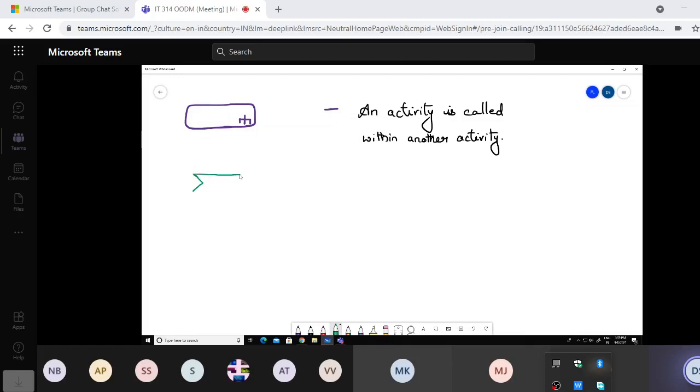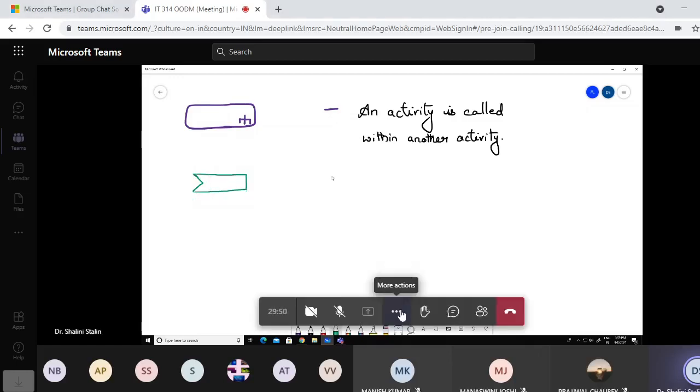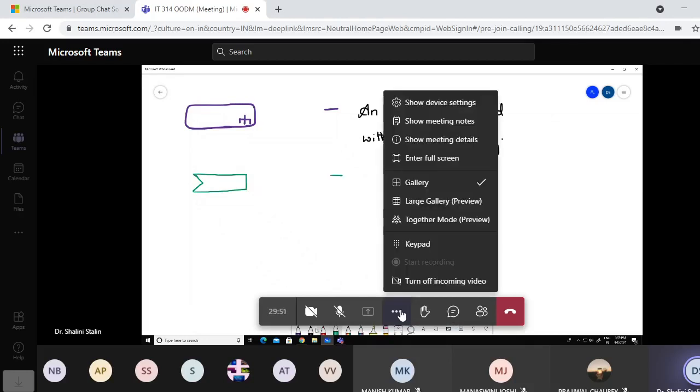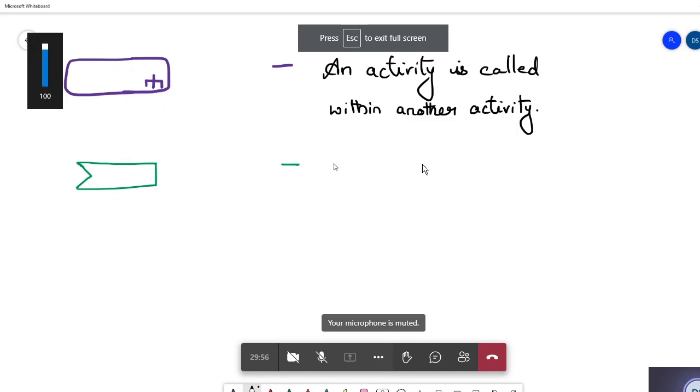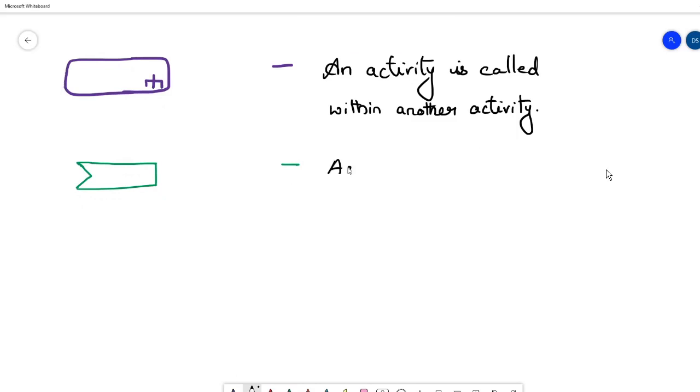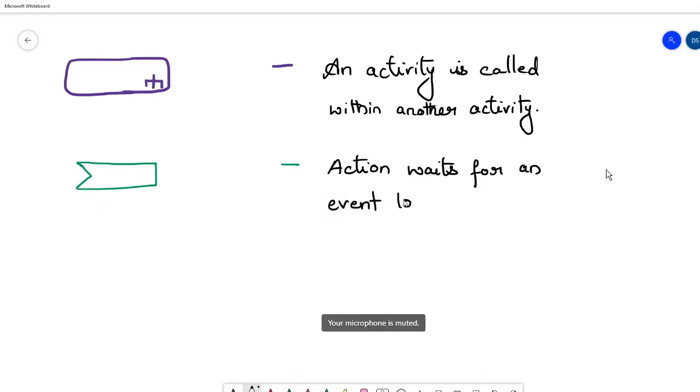And then at the back it would have a rectangle shape. So we call it action waits for an event to occur. Action waits for an event to occur.